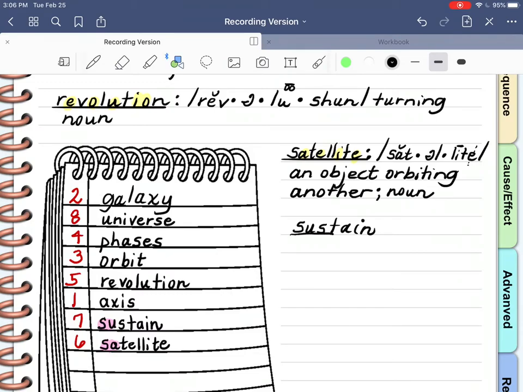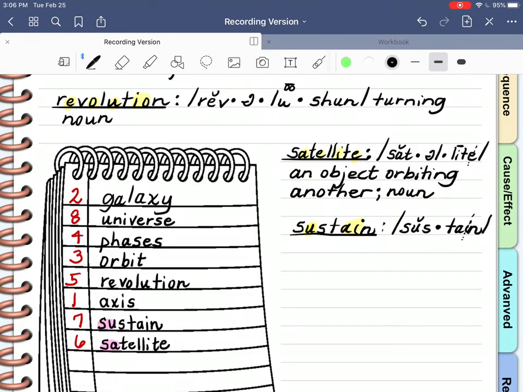Sustain. And I want to count my vowels. I have U, A and I, but those are together. Those two vowels are walking. So I suspect only one of them will do the talking. So I have sus, tain, and sure enough, I don't hear the I, I hear the A, sustain.